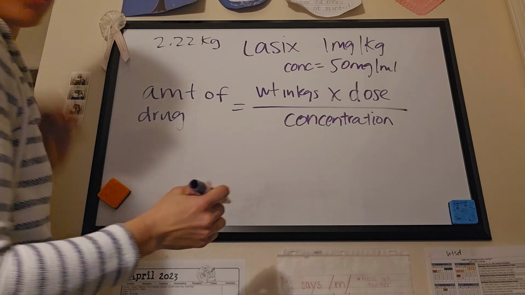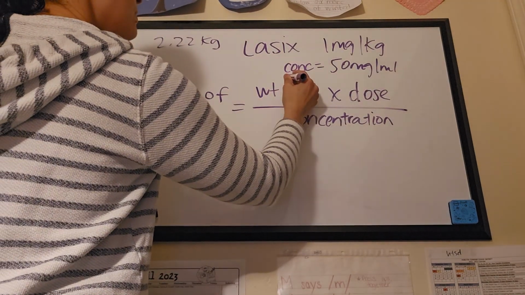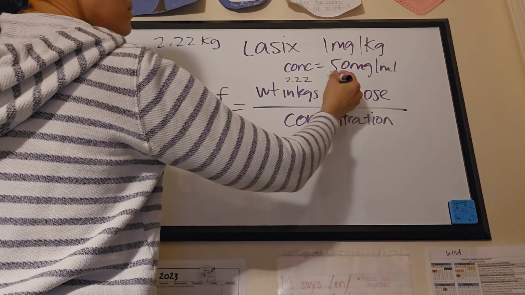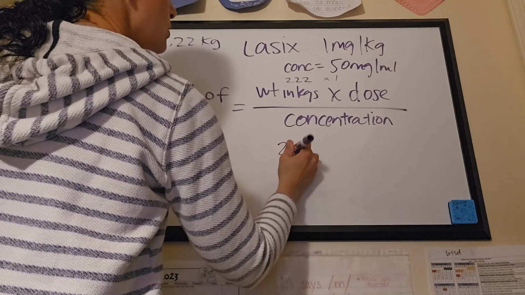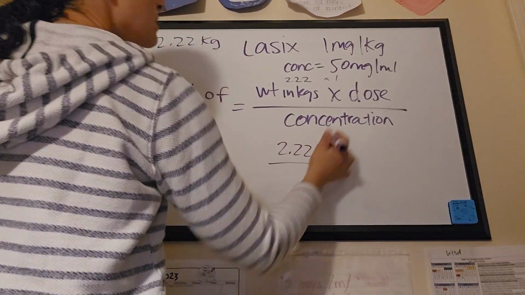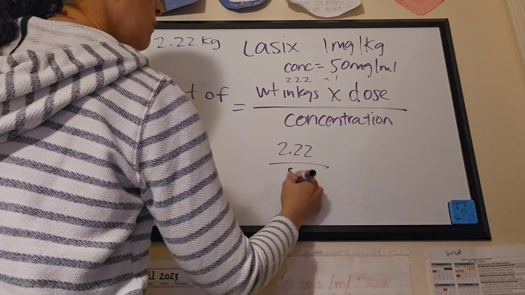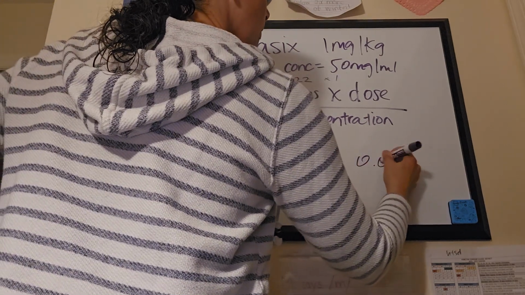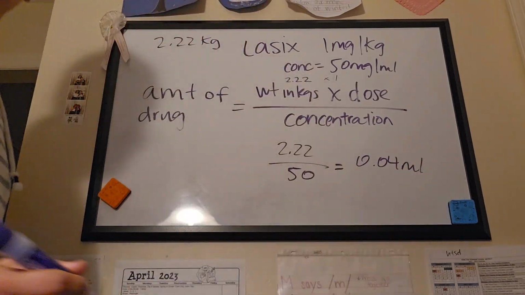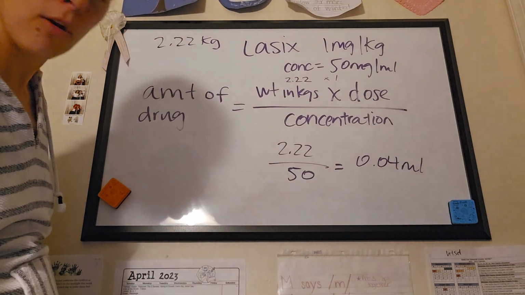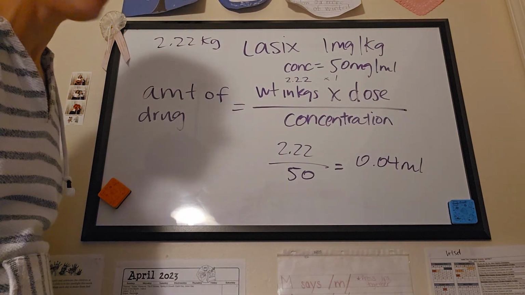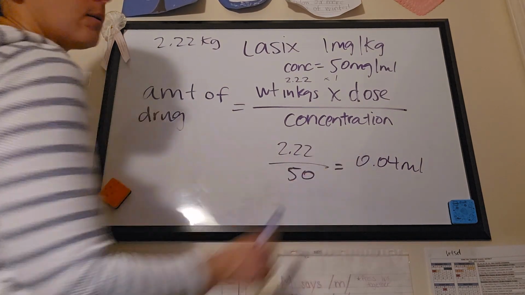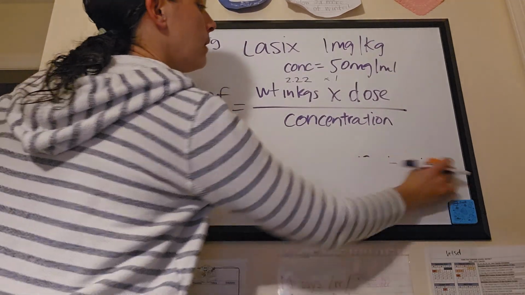So if I take her weight in kilograms, 2.22, times the dose, which is 1, so 2.22 times 1, which is 2.22, divided by the concentration of the drug, divided by 50, that gives me 0.04 mLs. Now we rounded that up. I think it's actually 0.045, so we rounded that up to 0.05 mLs, and that is the volume of Lasix that we gave to her.